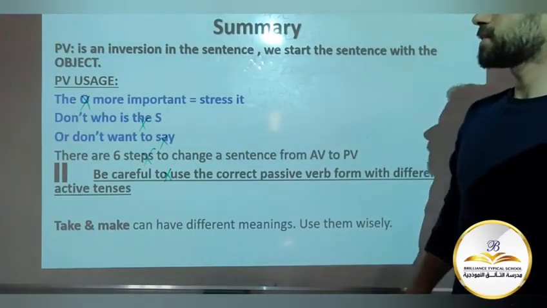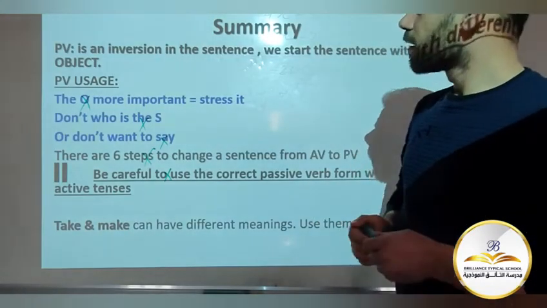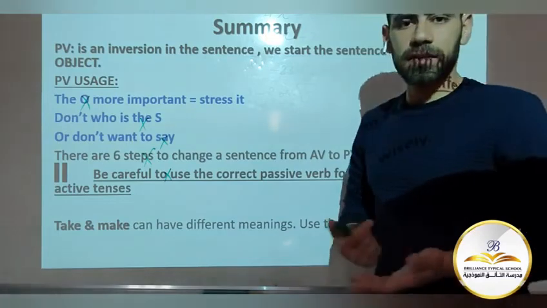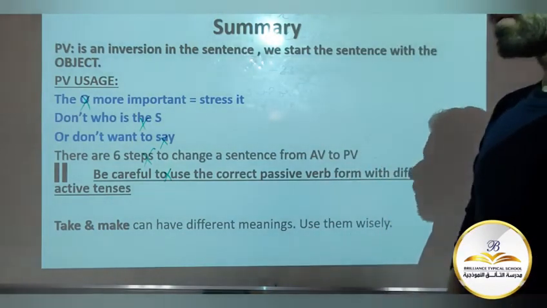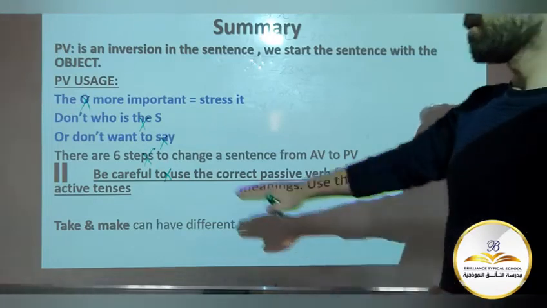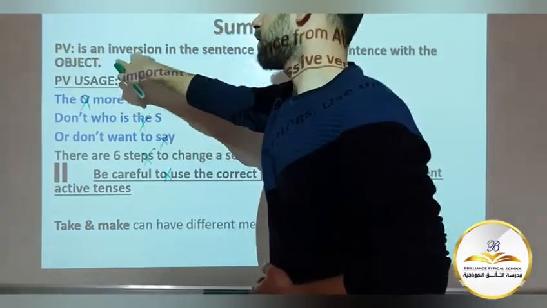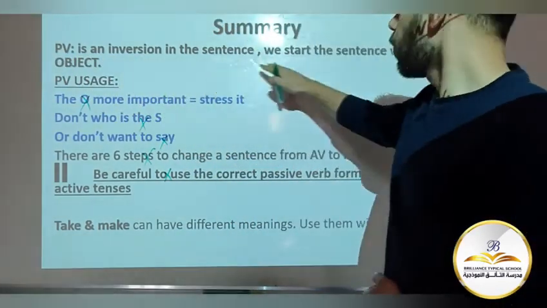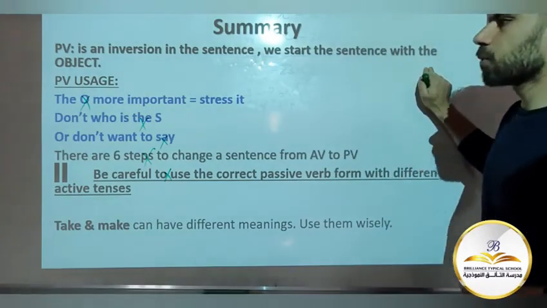Let's take a look at the summary. Let's recap what we did today. First of all, remember, passive voice is an inversion in the sentence. We start the sentence with the object.